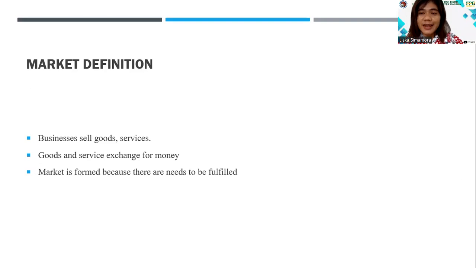And because they need cost to create the products, they impose a price for their products, and the price imposed has to be paid by the customer. That is why the customer gets the product we sell by giving some amount of money.